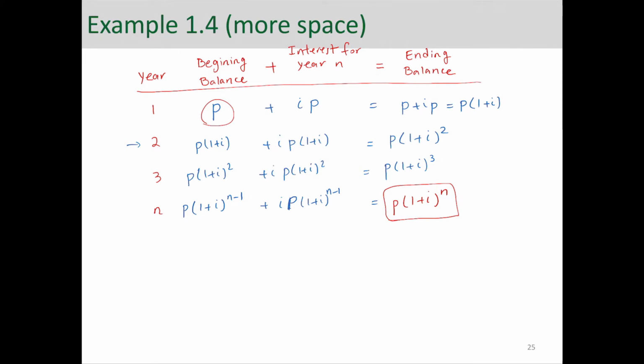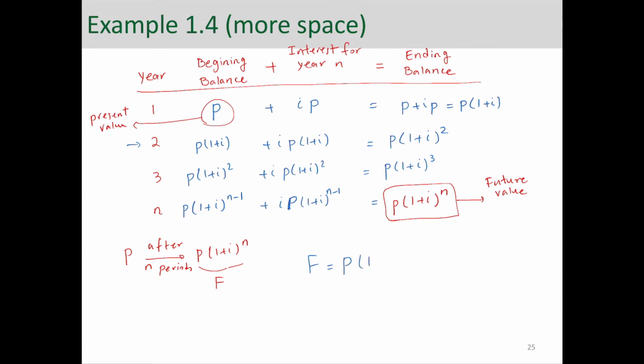So we call this P present value, and we call this future value, right? It's the future value after N years. And we show that with F. So the key formula that we have is that future value, F, is equal to P, present value, times 1 plus I to N.